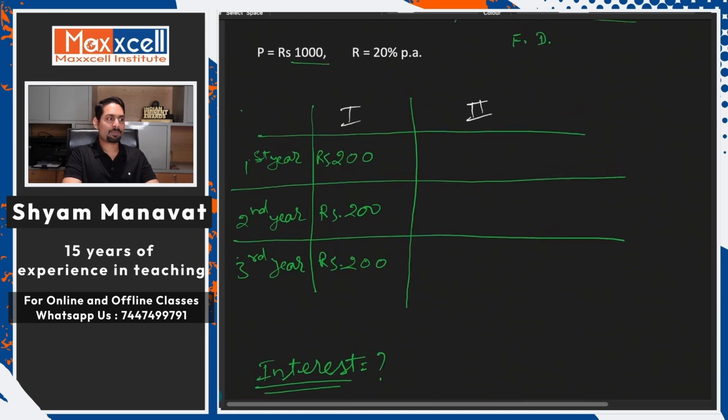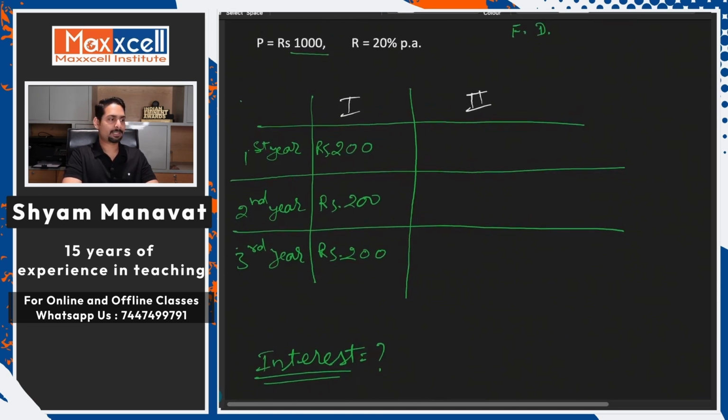First case, we had 1000 as principal, 20% per annum. Every year we are earning 200 rupees, which we withdraw. So in the bank again we have only this 1000 rupees as principal.